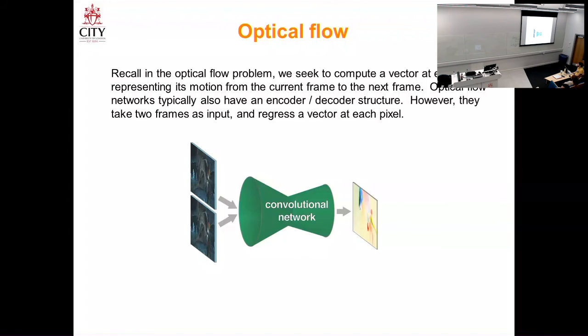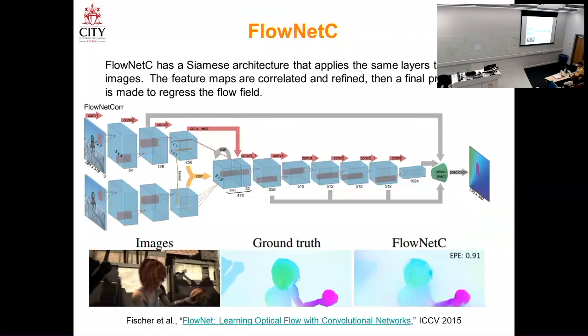There are different ways to do that, but typically also using an encoder-decoder structure. What's different here is that we have two images as input. So we pop two images into this network, and we use some shared weights in these convolutional and ReLU layers.